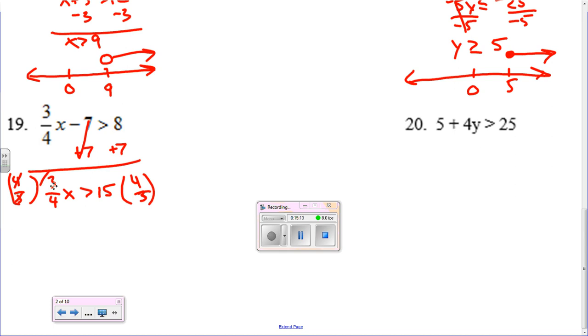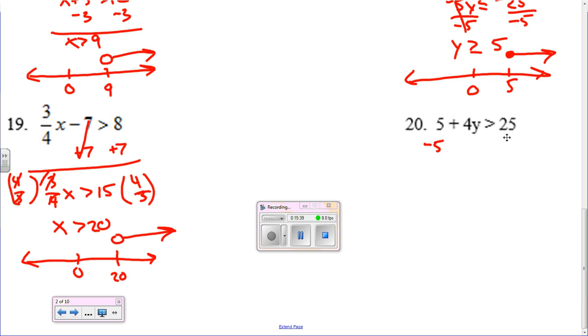Now this is all canceling out on this side. You're just left with x. 15 times 4 is 60. Then divided by 3 is 20. So it's x is greater than 20. 0, 20, open circle, shade to the right.